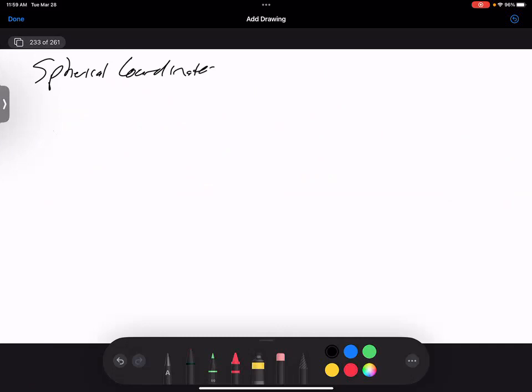So for spherical coordinates, we start with an x, y, z, and we move back and forth to a rho, theta, phi. So think of rho as how far you're traveling from the center of the Earth. Think of phi as your latitude. I always get the latitude and longitude mixed up.